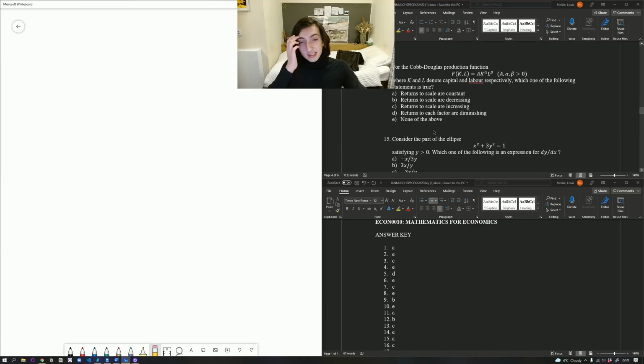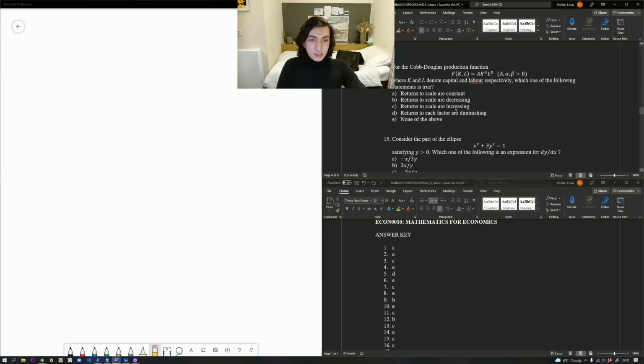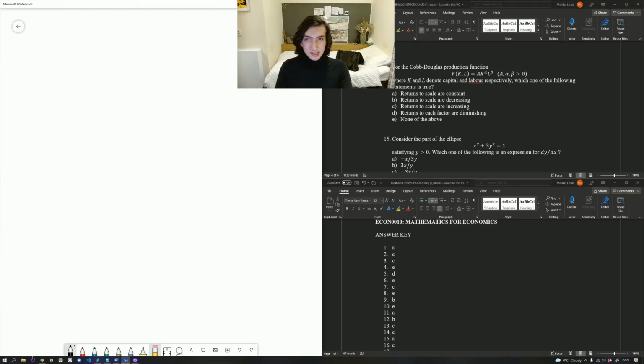Anyway, right, this is a slightly trickier one. It's not entirely clear, but the answer is none of the above, because all of these are false, essentially. Now I'll show you why they're all false. Returns to scale is essentially denoted by the degree of homogeneity of a function.